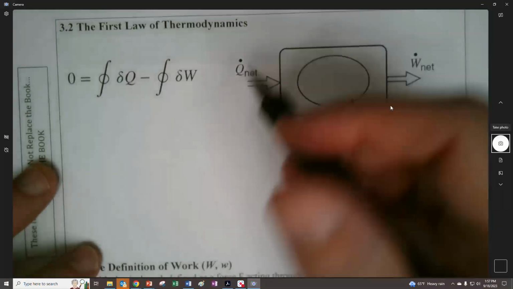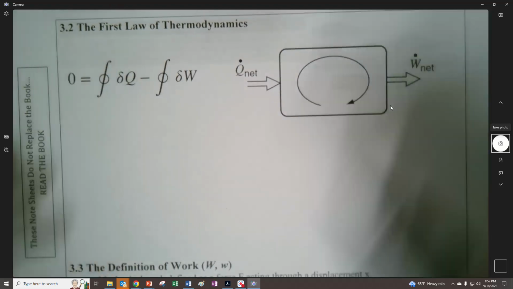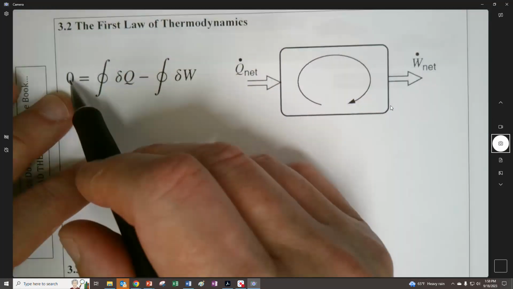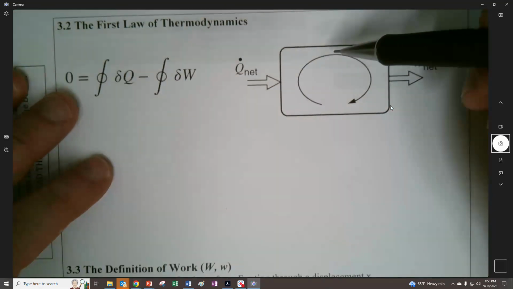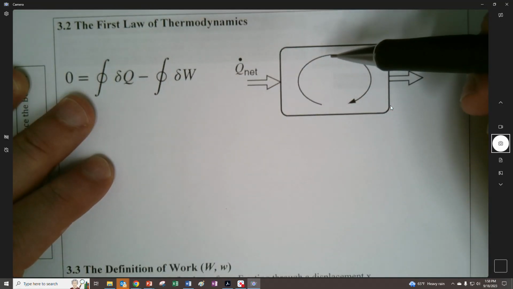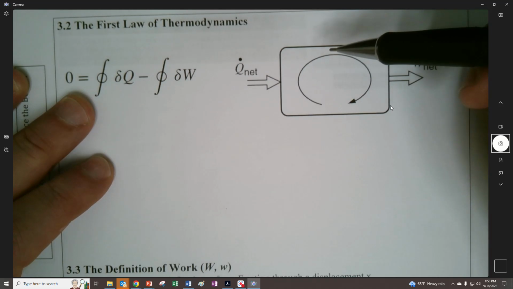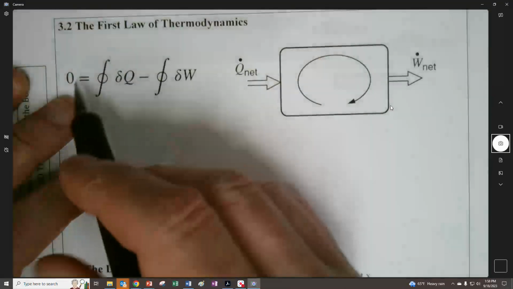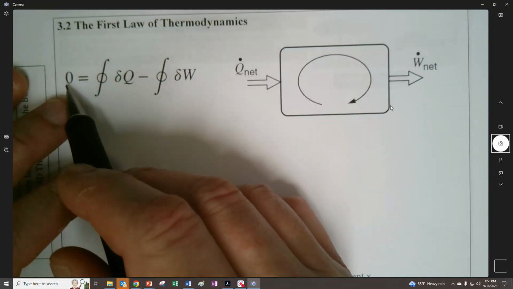So this isn't too much different from the previous drawing that we had. For many systems, we don't accumulate energy within the control volume. So I think that's what we would want to mention first about this. That's the difference from the previous energy equation.